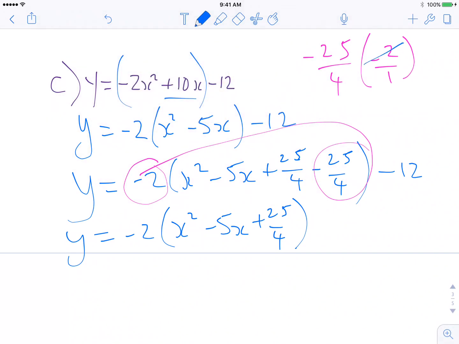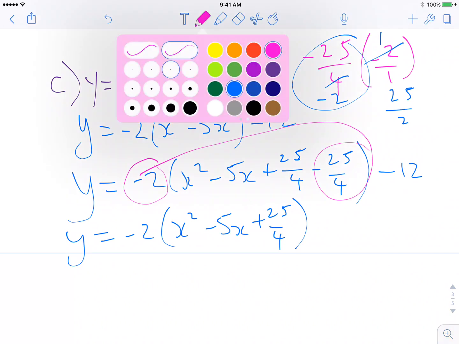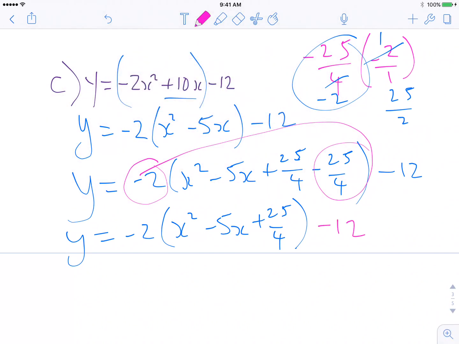Negative 2 divided by negative 2 would be negative 1. Sorry, would be positive 1. Negative 2 divided by negative 2 is 1. And 4 divided by negative 2 is negative 2. And negative 25 divided by negative 2 is positive 25 over positive 2. So what we're going to have here is our negative 12 and then plus 25 over 2.